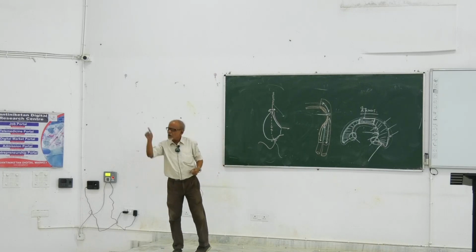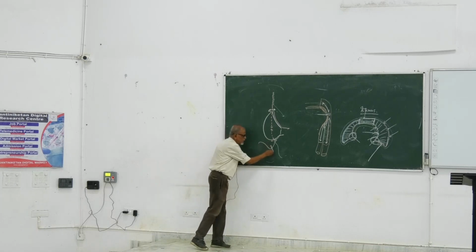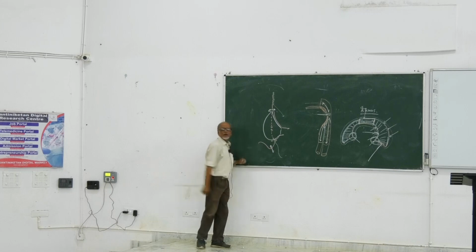In case of inferior thyroid artery we will tie the vessel away from the gland, আমরা এখানে টাই করব, away from the gland.